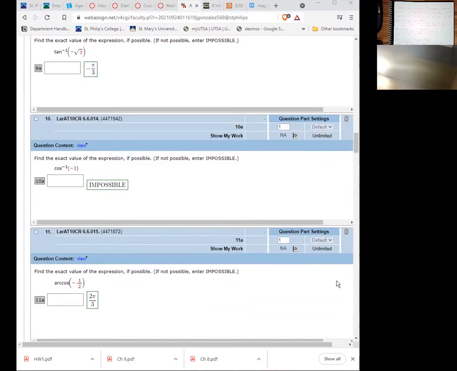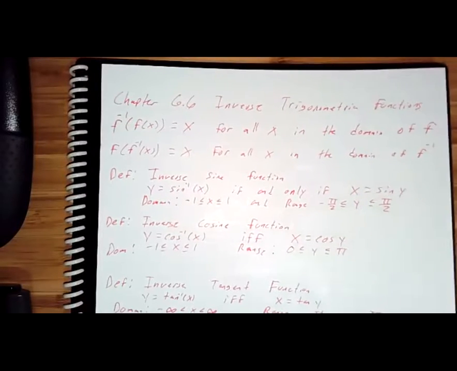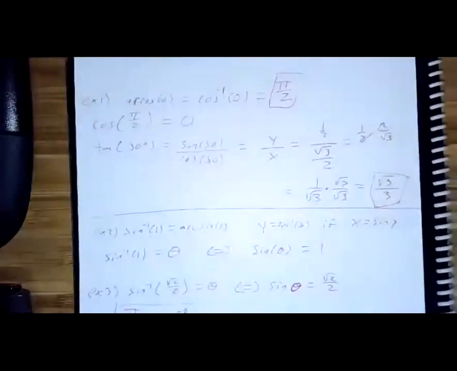Let's do number 11. What is the angle that makes cosine -½?